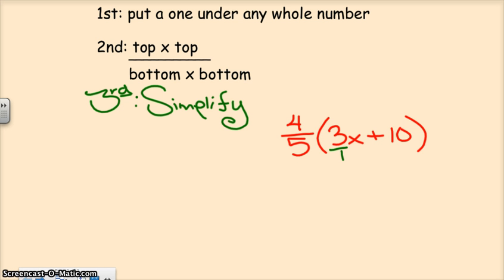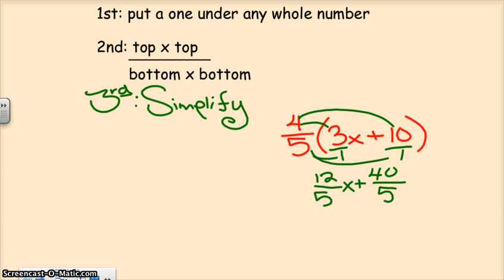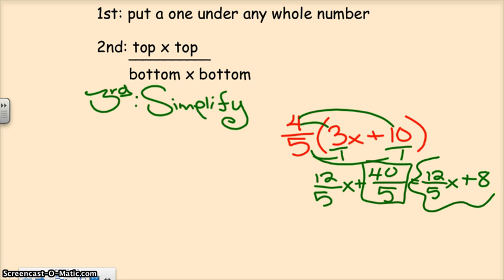Put a 1 over any whole number, top times top, over bottom times bottom, 4 times 10, I'll throw the x out. 4 times 10 is 40, over 5 times 1 is 5. I can simplify. The 12/5 x, I can't, they don't share anything. But I know 40 divided by 5. 40 divided by 5 is 8, so I leave it like that.